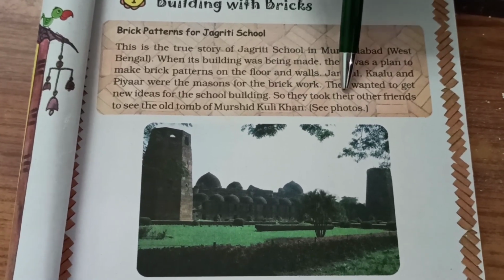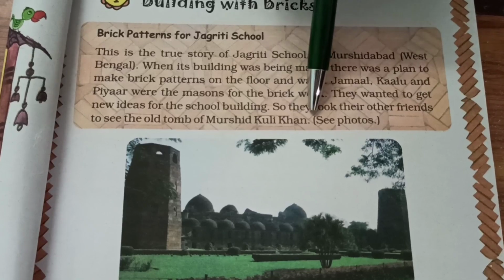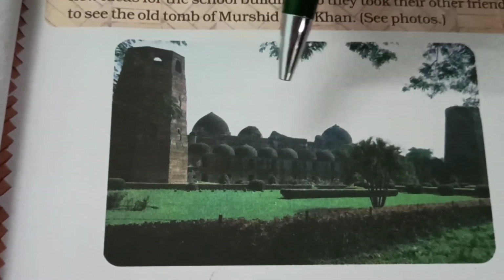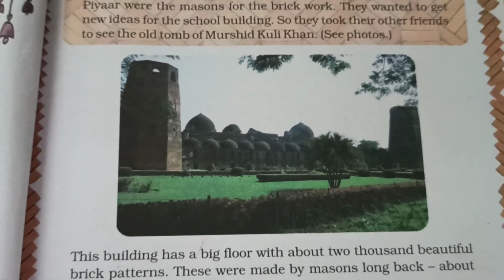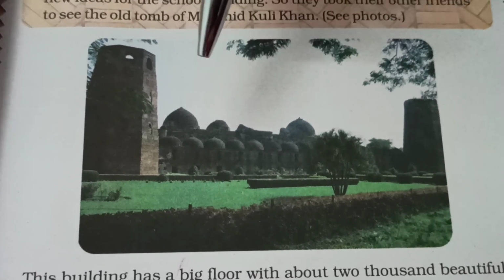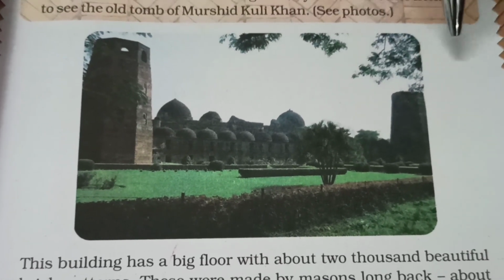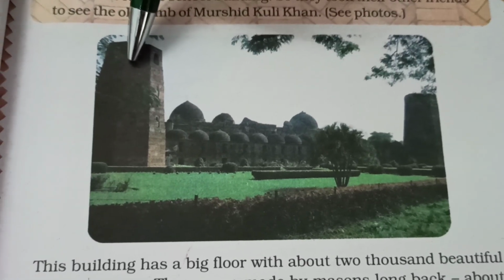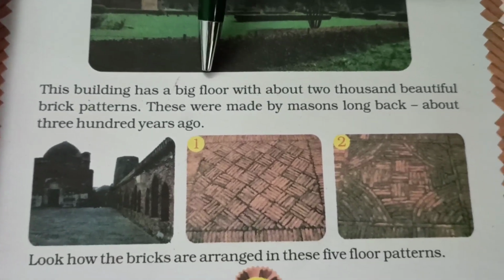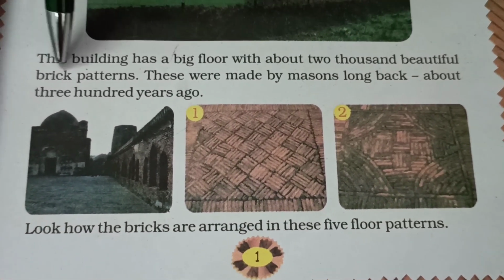So they took their other friend to see the old tomb of Murshid Quli Khan. Look at this picture. This is the tomb of Murshid Quli Khan. So three of these friends went to visit this tomb. Tomb means a fort. They went there to see how the floors and walls of this tomb are made. This building has a big floor with about 2000 beautiful brick patterns.